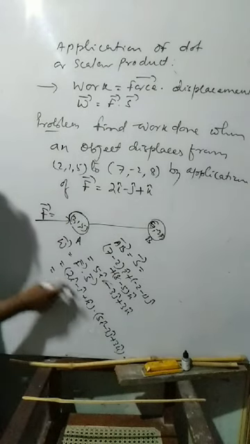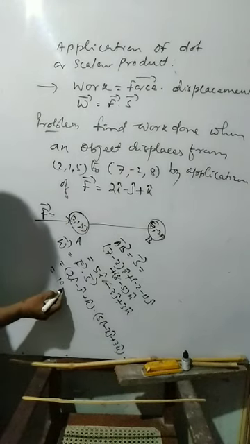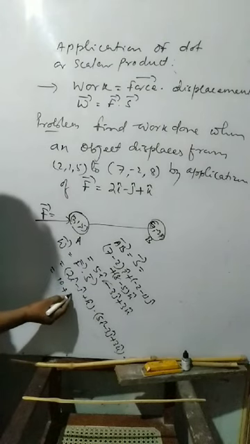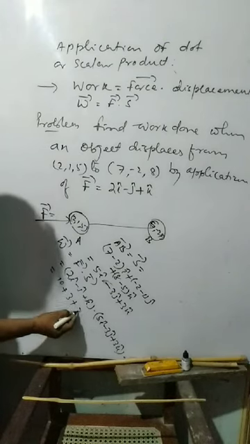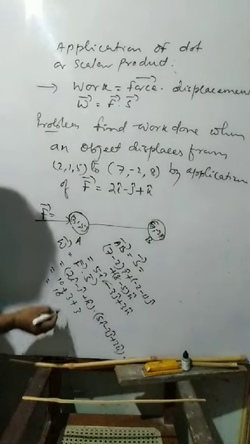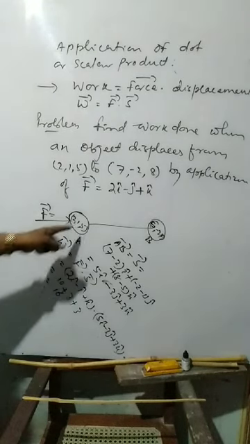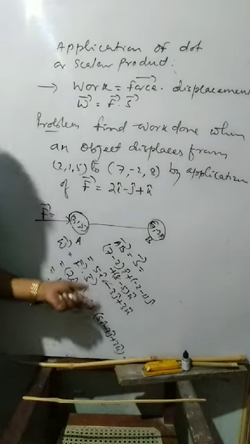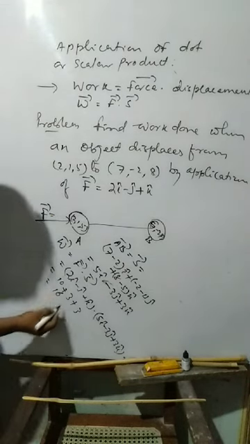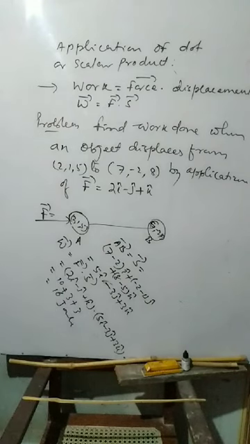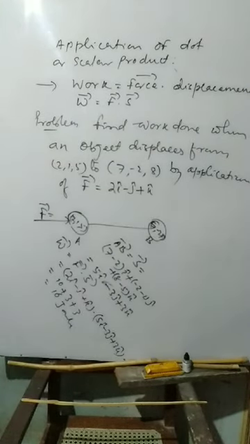Simply multiply: 2 into 5 is 10, minus 1 into minus 3 is 3, 1 into 3 is 3. Total 16. It may be joule, or if meter is given then you write joule. Work done is measured in joule in SI unit, and in erg in CGS. So you find the work done by application of dot product in this way.